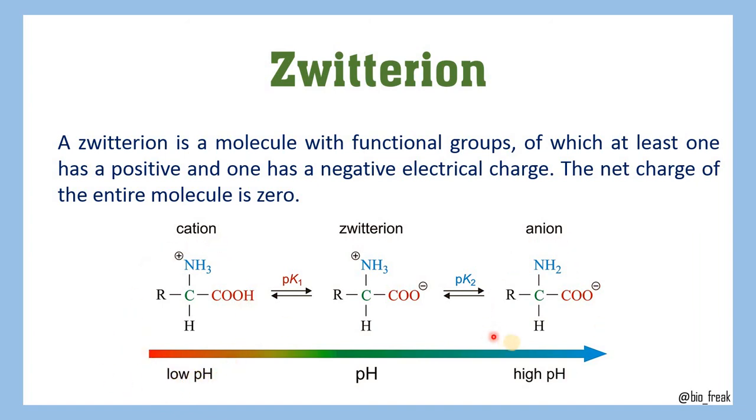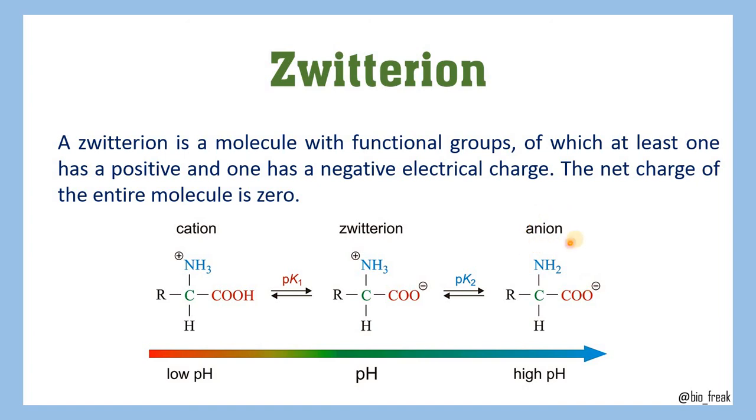On the other hand, the exactly opposite situation wherein there is high pH, and the OH minus ions, the hydroxide ions in the medium are higher. So these hydroxide ions can deprotonate any acidic group, and the acidic group over here is the carboxylic acid group. So you will get negative charge on COO minus, the COOH deprotonates, and you get this negative charge.